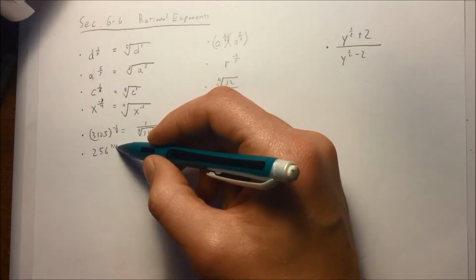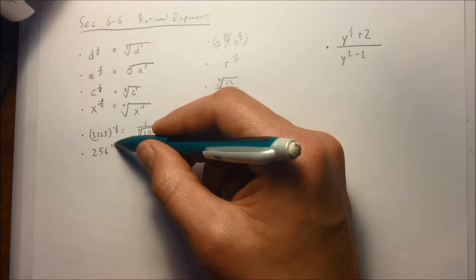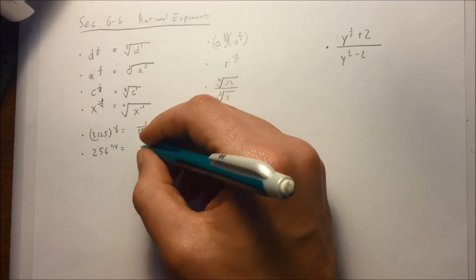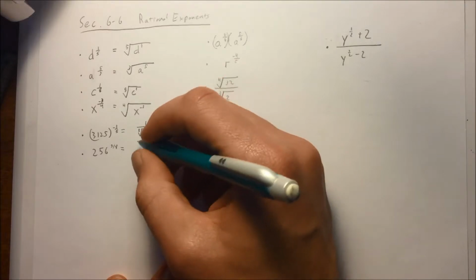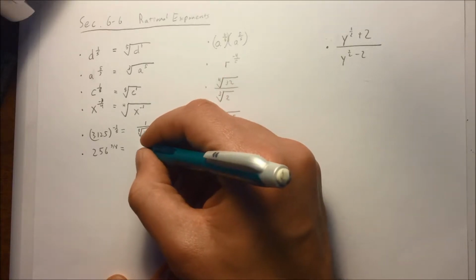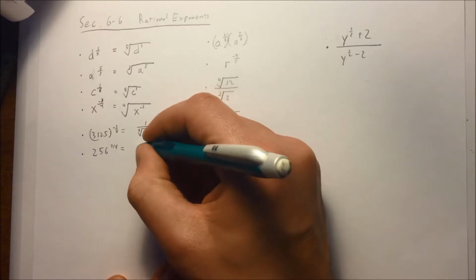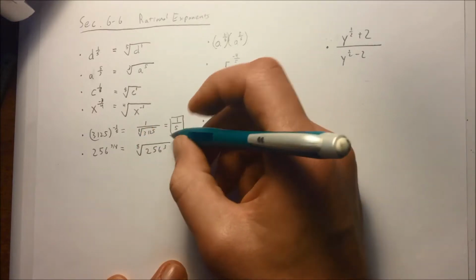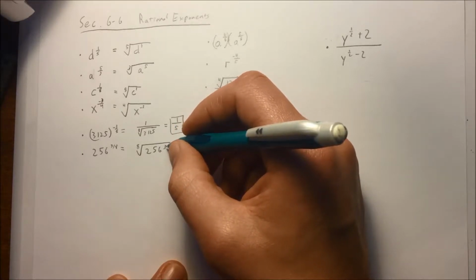What about the 8th root of 256 to the 3/8? Well, there's a couple different ways I can write this actually. I could write it 256 cubed to the 8th. But let's be honest, do we want to take 256 times 256 times 256?